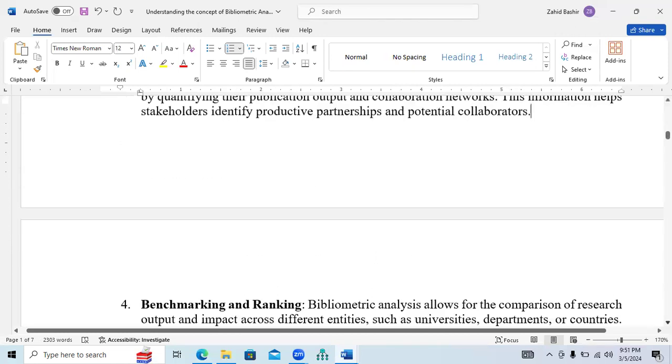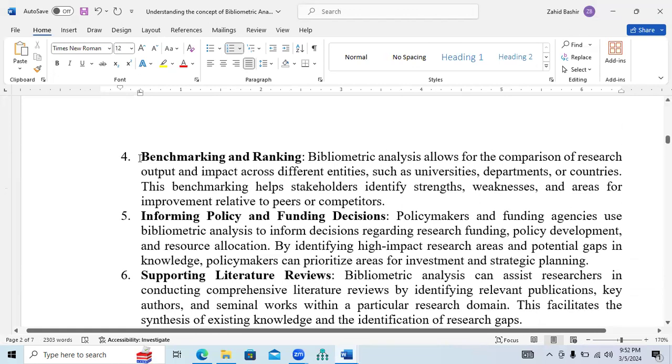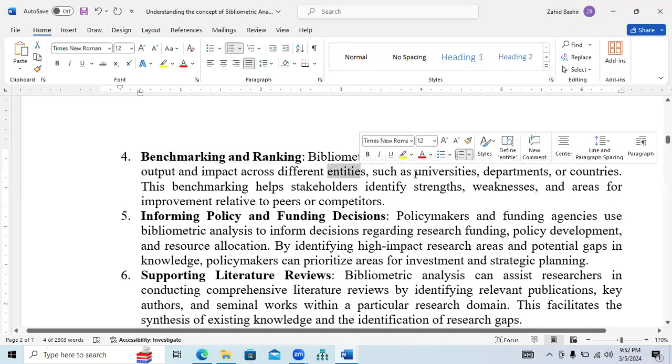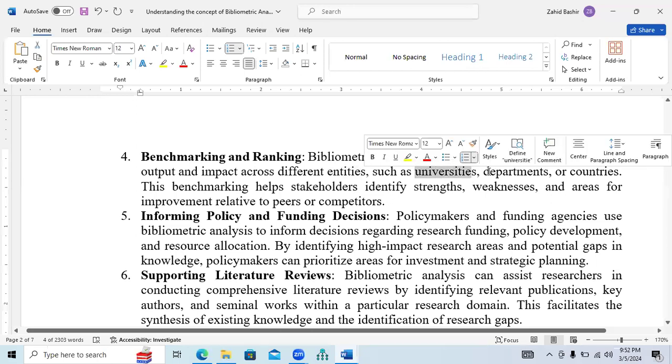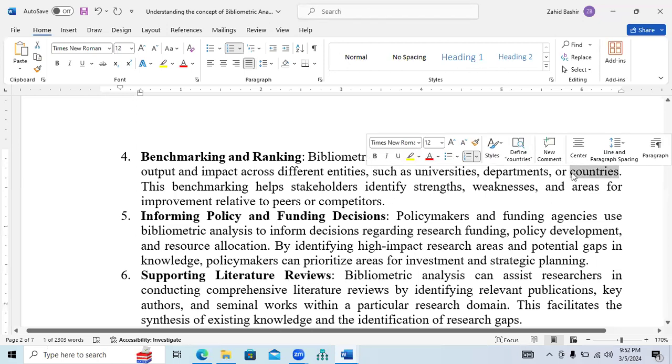Then benchmarking and ranking. Basically, by using bibliometric analysis, you can benchmark the entities: the universities, the departments, and the countries. Which countries are making a huge contribution in a particular domain?